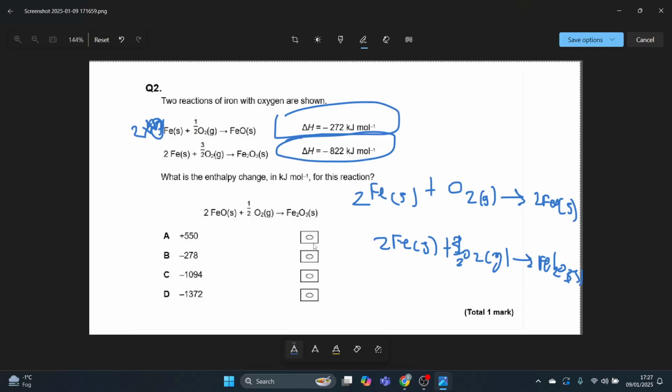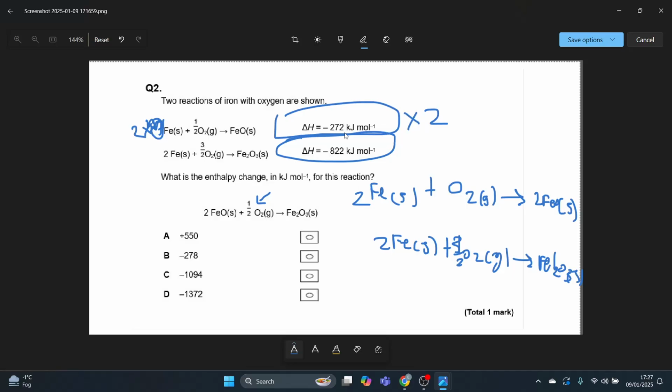What we've done now is we've got the doubled reaction 1, so all we need to do is multiply that by 2 and do the second one, subtract the first one. If we do that, we'll get this reaction and therefore we'll get the enthalpy change for this reaction.